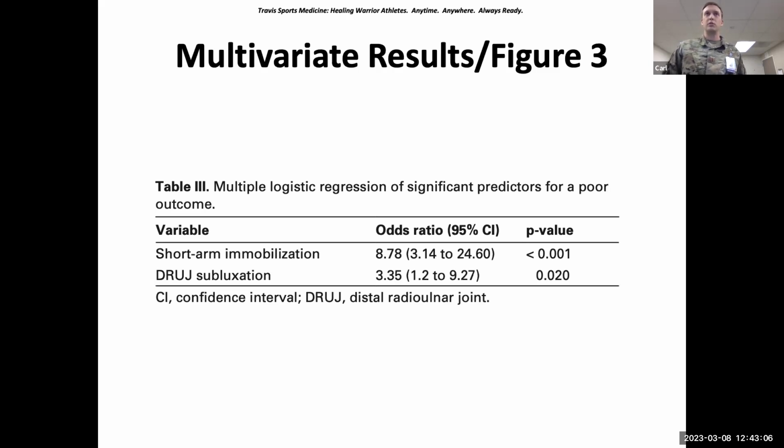Again, the short arm immobilization seemed to be one of the pieces that can make for a worse outcome, odds ratio of nearly 9 compared to the 3 in the univariate. And then the DRUJ stability question again came through in the data. But as you can see, the third point, how much of the TFCC was actually torn as seen on the MRI, fell away when they did the multivariate analysis.